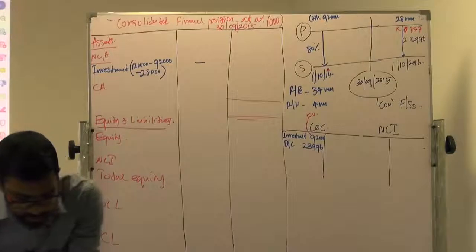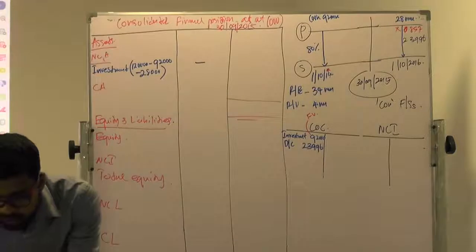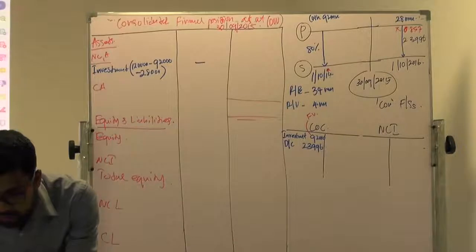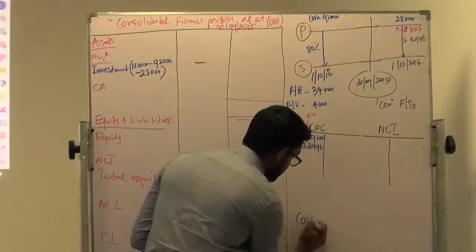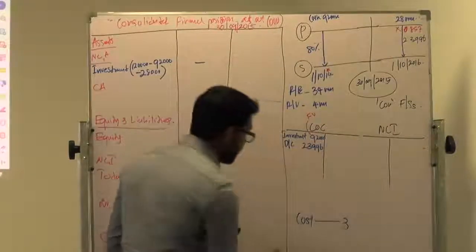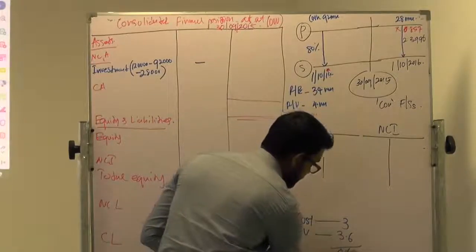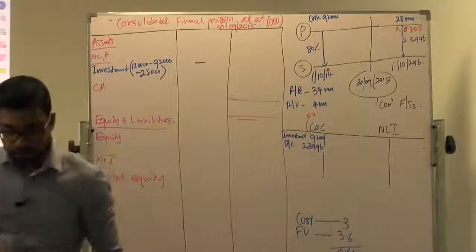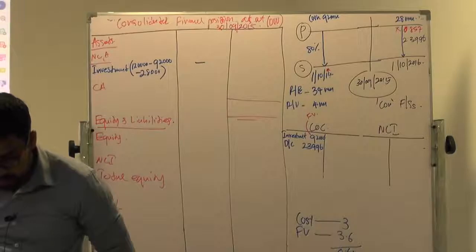On 1st October 2014, the fair value of Streamer's net assets were equal to their carrying amount with the exception of some inventories which had a cost of 3 million but a fair value of 3.6 million. Difference 0.6 million, right?